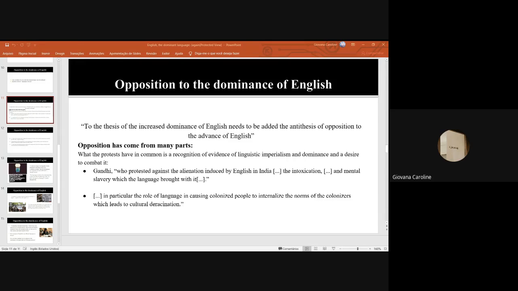And I would like for you guys to think about this. Is there any point in resisting the dominance of English? Can you repeat the question again? Is there any point in resisting the dominance of English?